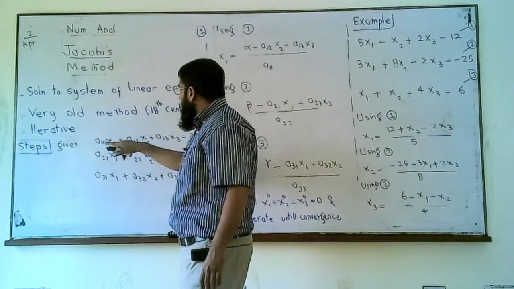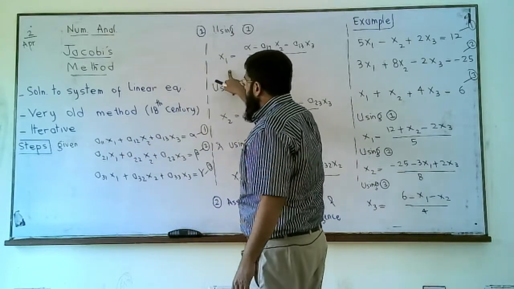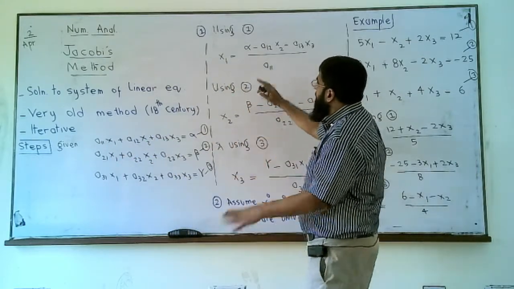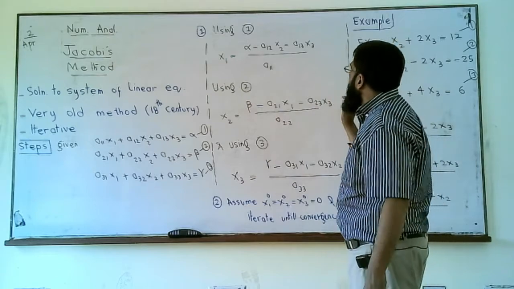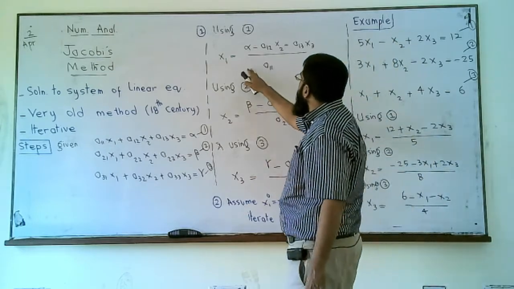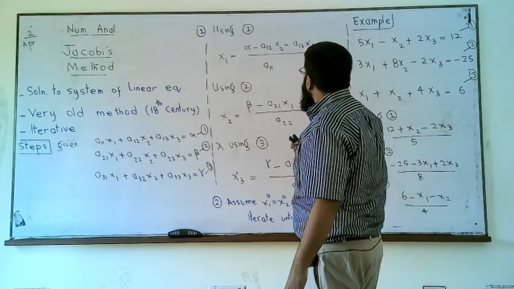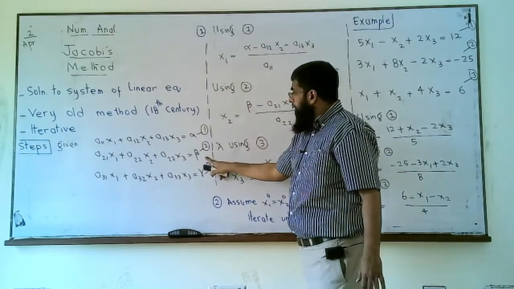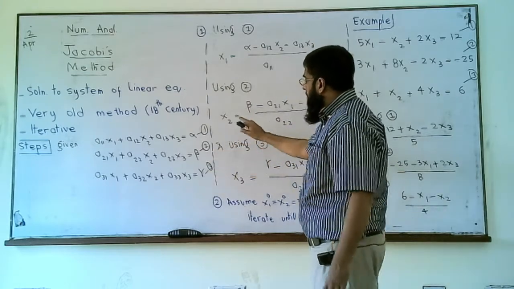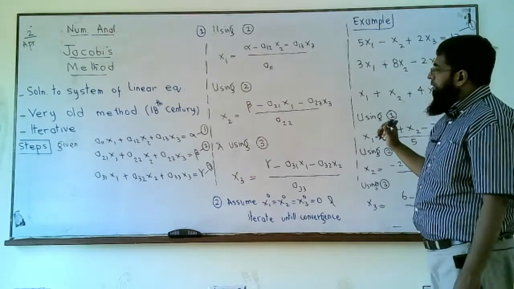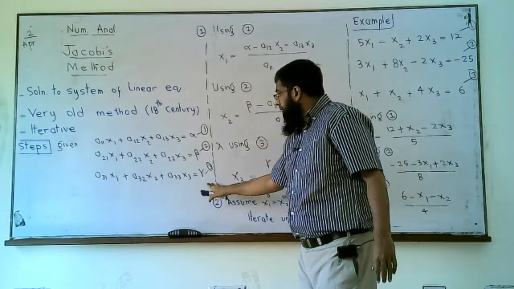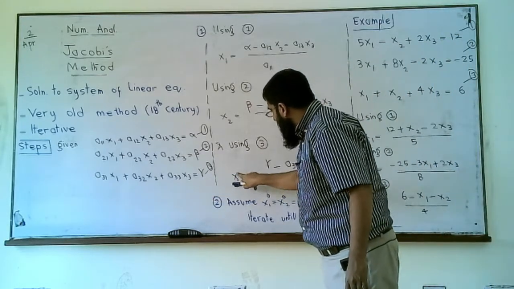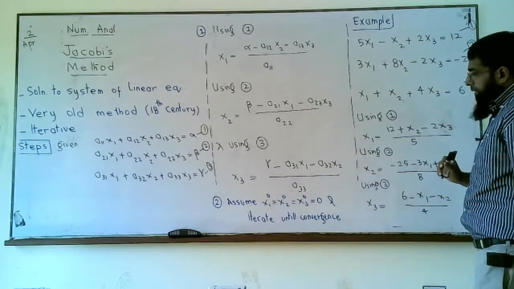we compute x1 using this equation. So we keep x1 on the left hand side and everything else on the right hand side. This means we will get this first iterative equation, right? And from equation number 2 we'll keep x2 on the left and everything else on the right, and from equation number 3 we keep x3 on the left and everything else on the right.